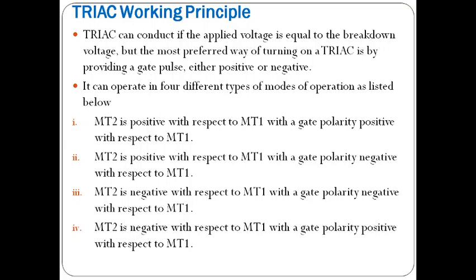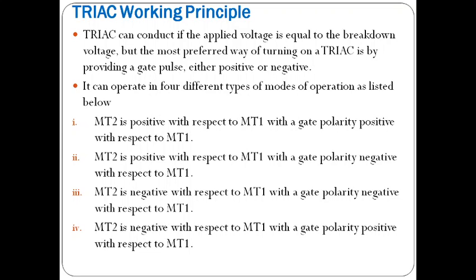So from that, the triac operates in the different types of modes. So the modes of operation of triac is given below. Here we are having three terminals, MT1, MT2 and gate terminal. In first condition, when MT2 is positive with respect to the MT1, with gate is positive.